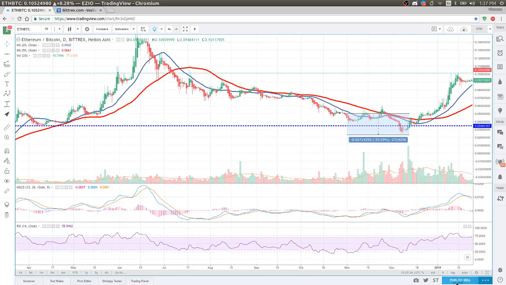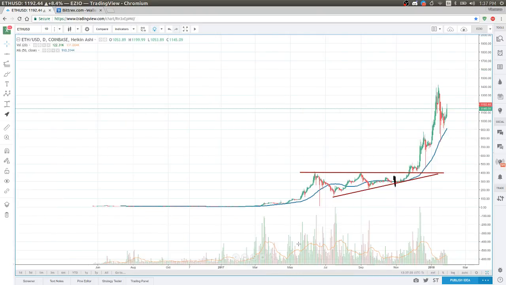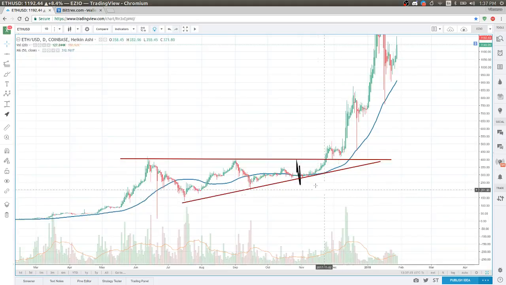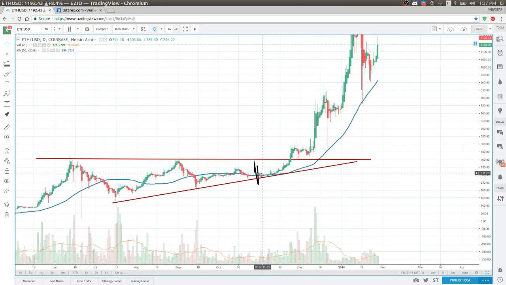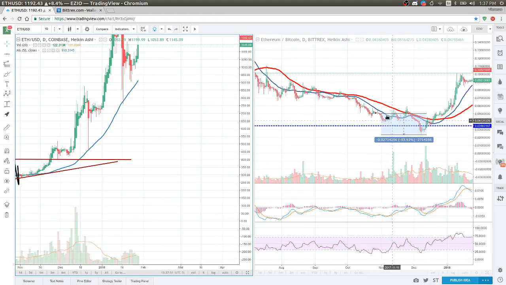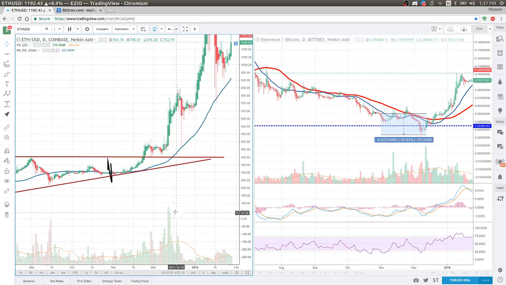But what happened if we go take a look at our USDT market? The same day, Halloween, we were here. Would you have sold Ethereum or not? No, because it's gonna go up. And look what it did. Here it went up. And in the other chart, it went down. So, what's best to trade?